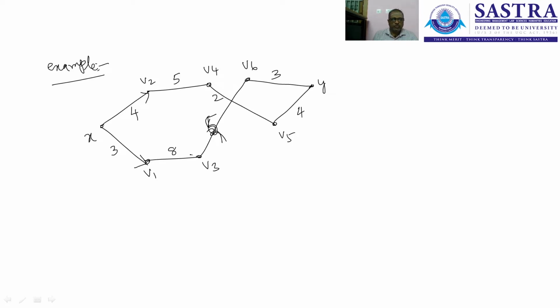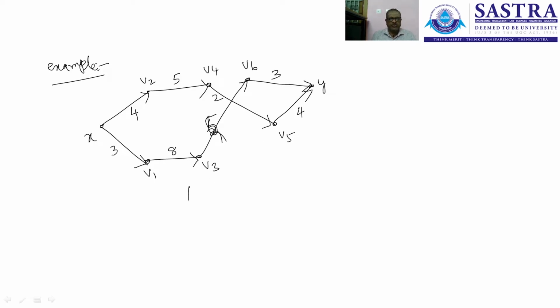So now you have a direction like this, you can see that there is a direction. You have a graph like this.